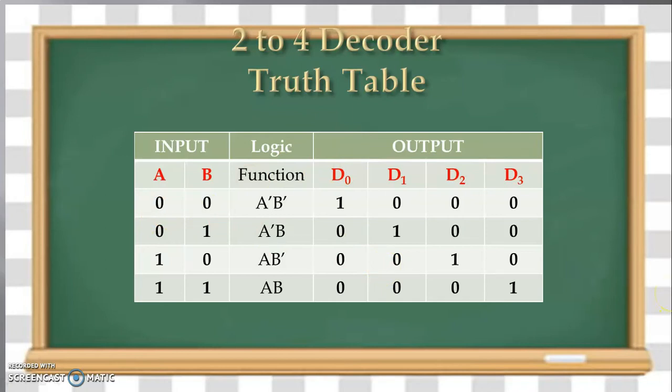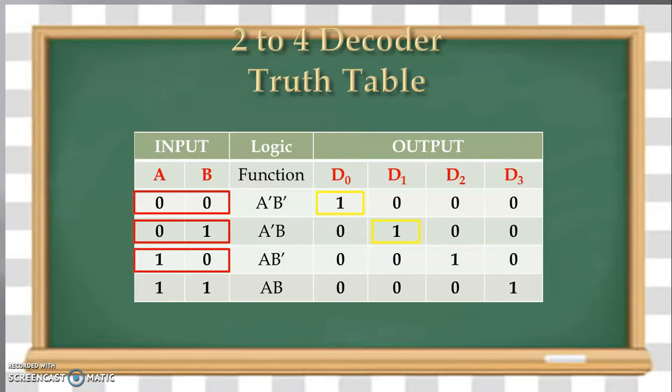For example, let us take the first combination, that is 0 0. Only one output line, D0, is activated and it will go high. All remaining output lines will remain at 0 level. For another condition, 0 1, the second line D1 will go high. All other remaining data lines will remain at 0 level.